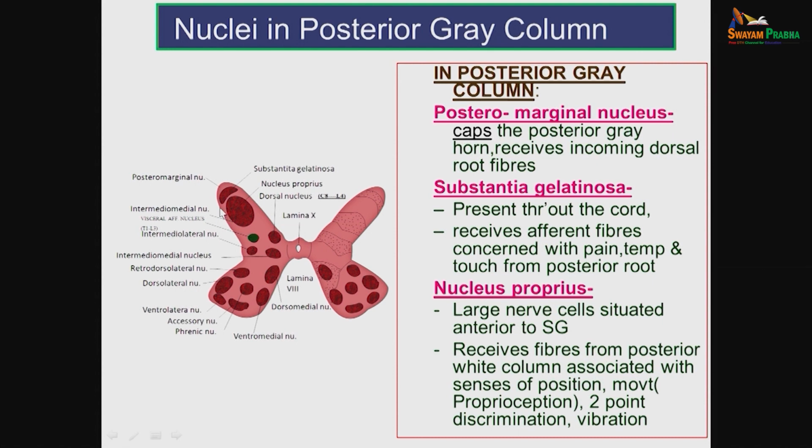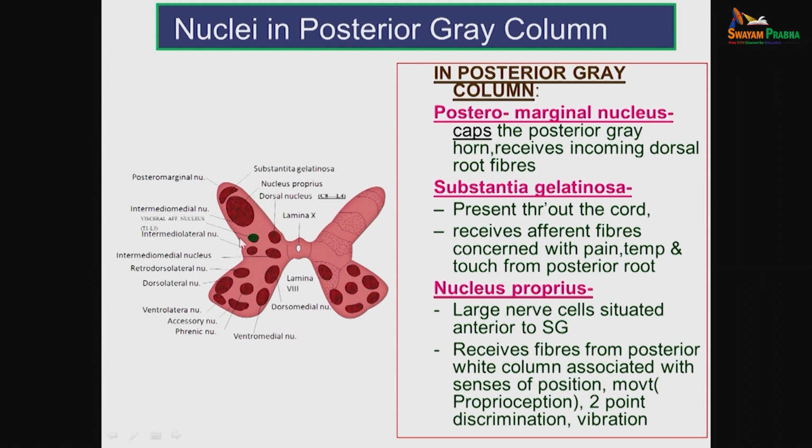Anterior to it, you see a large nucleus. This large nucleus is called nucleus proprius. This nucleus proprius, as the name suggests, it receives fibers from posterior column associated with sense of proprioception. That is, the sense of position, movement, and also 2-point discrimination and also vibration sense.